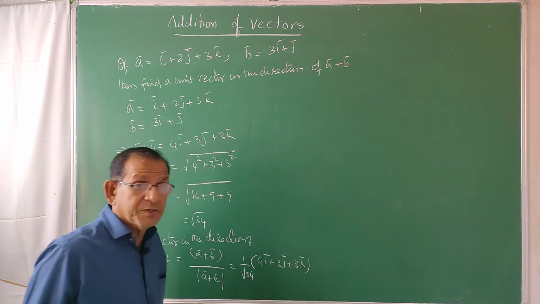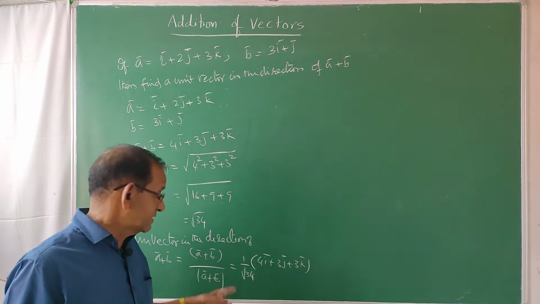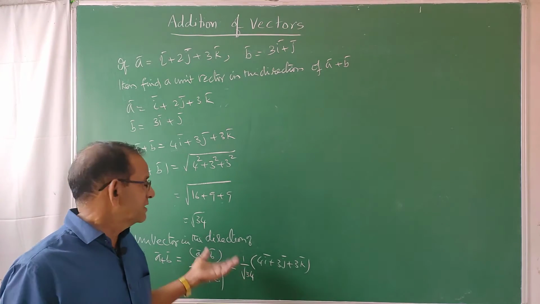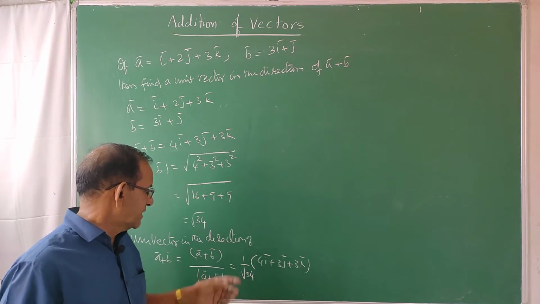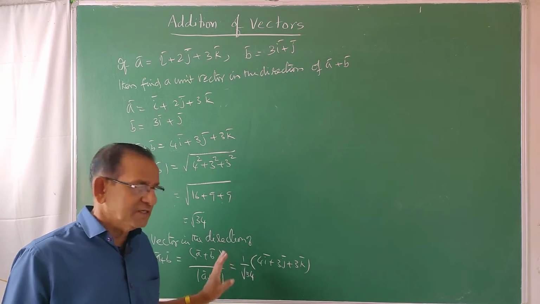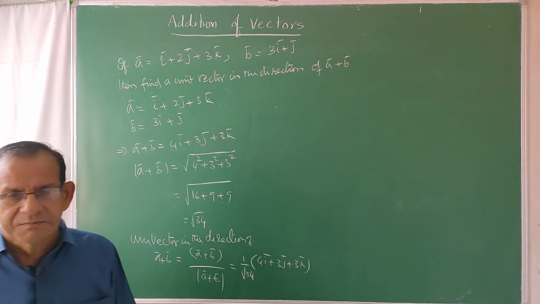Suppose if a unit vector is required in the opposite direction, you have to put minus sign, because it is required in the same direction, so you need not put minus sign. So this is the required vector.